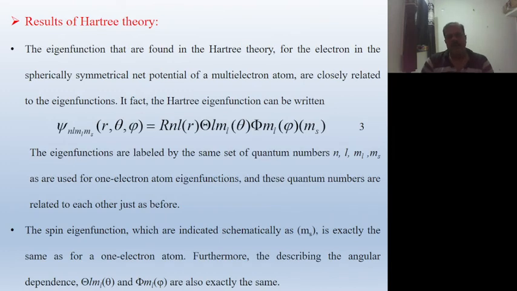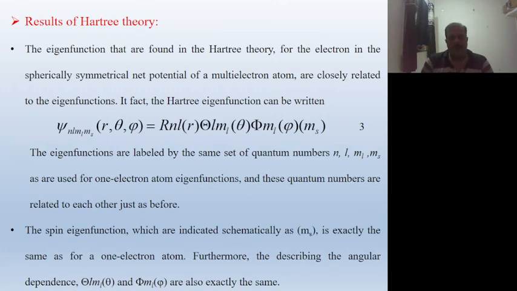Now the next topic is results of Hartree theory. The eigenfunctions that are found in the Hartree theory for an electron in the spherically symmetrical net potential of a multi-electron atom are closely related to the one-electron atom eigenfunctions. In fact, the Hartree eigenfunction can be written psi of n, l, ml and ms. These are the quantum numbers: n means principal quantum number, l means orbital quantum number, ml means orbital magnetic quantum number and ms means spin magnetic quantum number.